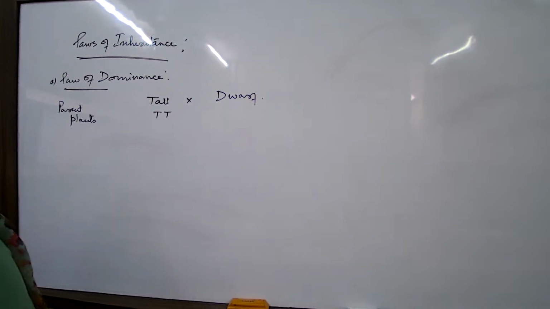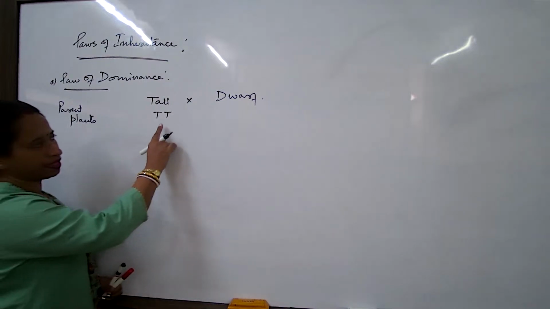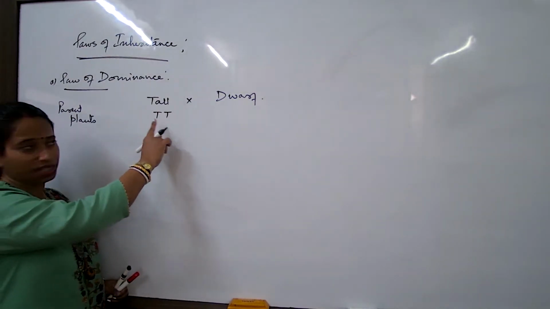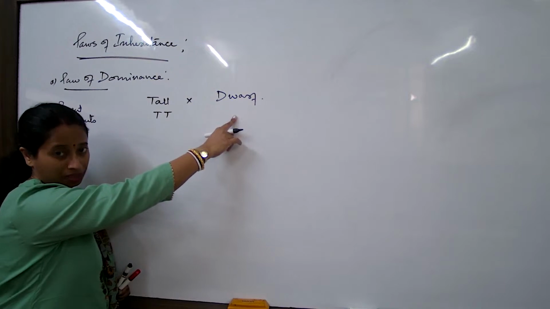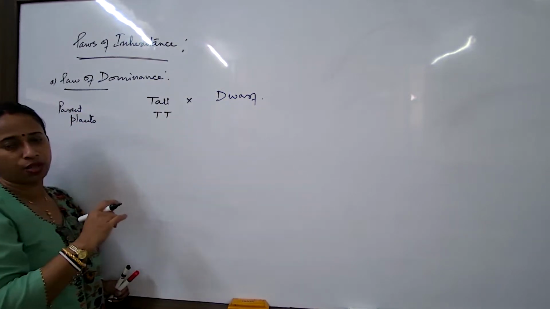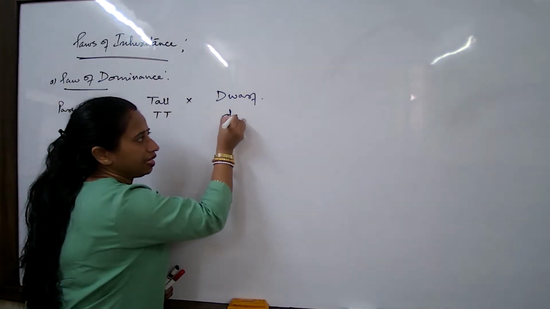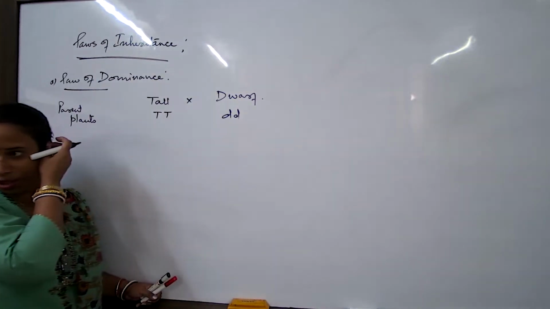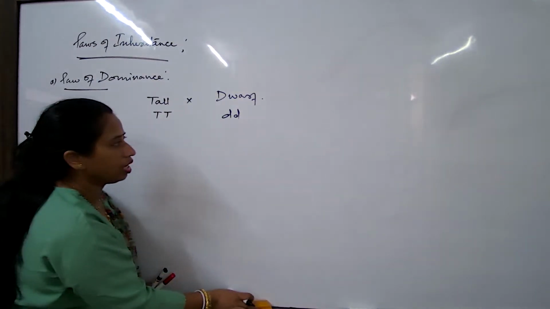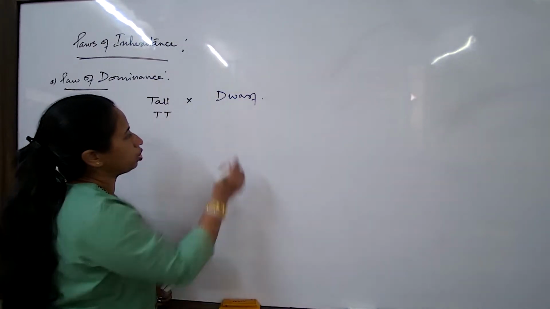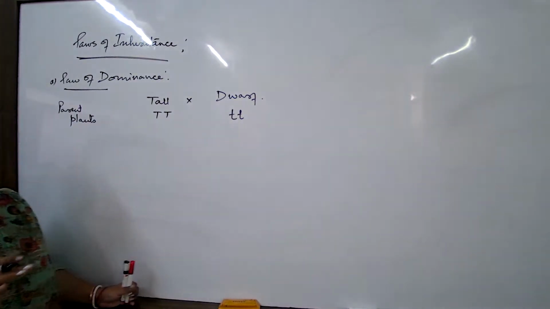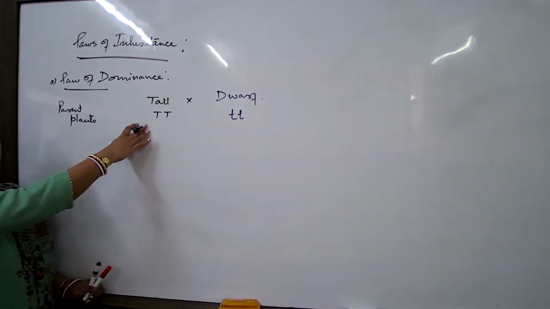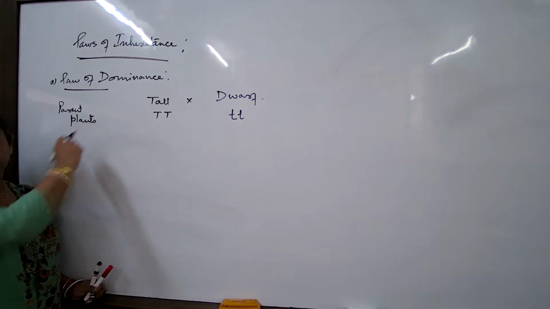And for the contrast, lowercase we have to write here. That's the rule. The other day also I told you, can I write D for dwarf? No, this I cannot use. Then what am I supposed to use here? I have to write this way. That's the rule. So here it is, the phenotype, the genotype.